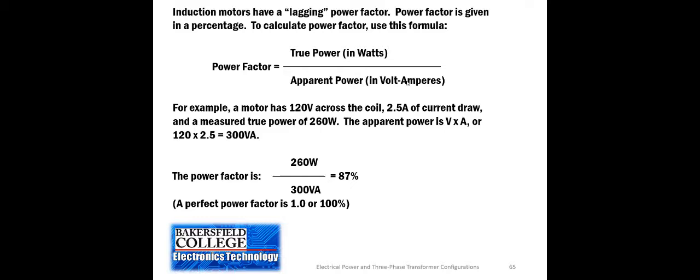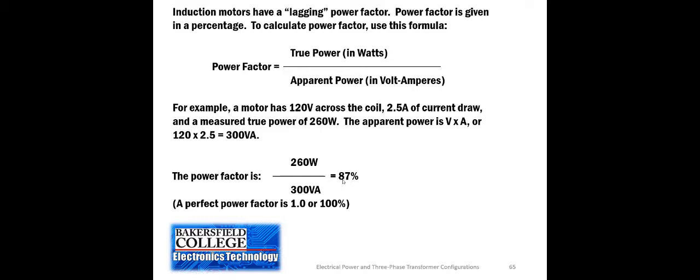A perfect power factor is 1.0. If you have less than 1.0, then you have a decimal fraction. In this case, we're converting a decimal fraction to a percentage. The closer it is to 1.0, the better.